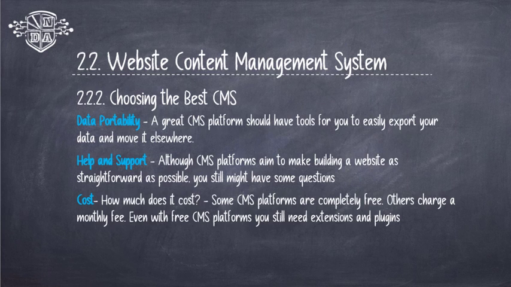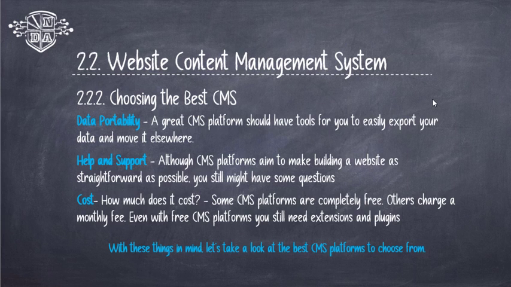So the question is, what is the cost of the CMS versus the cost of the add-ons and the extensions or plugins? And now that we have these things in mind, data portability, help and support, cost, we're talking about ease of use, design options, and extensions and add-ons.